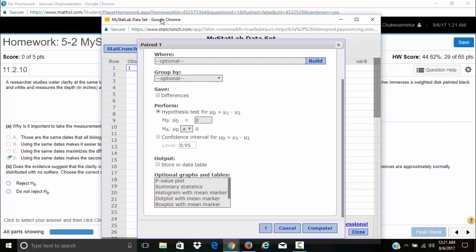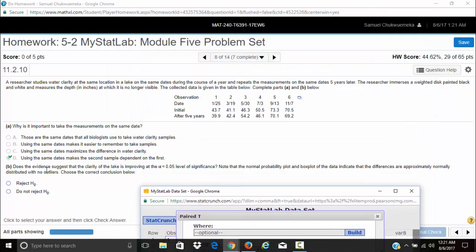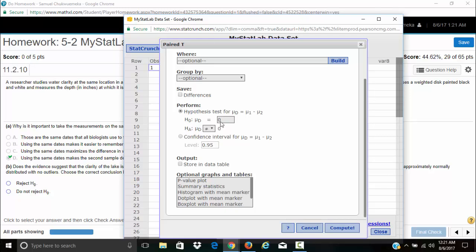They said, does this suggest that the clarity of the lake is improving at this level of significance? So we will just test the hypothesis. The null is that it is the same. The alternative, not equal to 0, means that it's not the same. So it's not the same means that the initial is probably better than the measurement after 5 years, or that the initial measurements are not better than the measurements after 5 years.